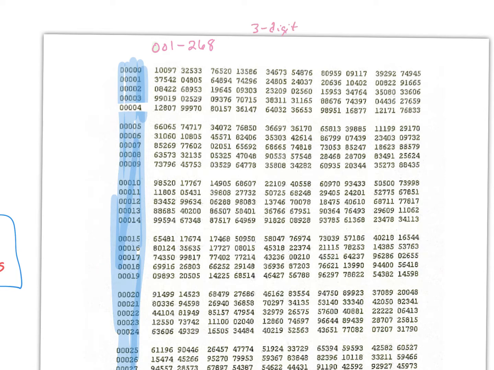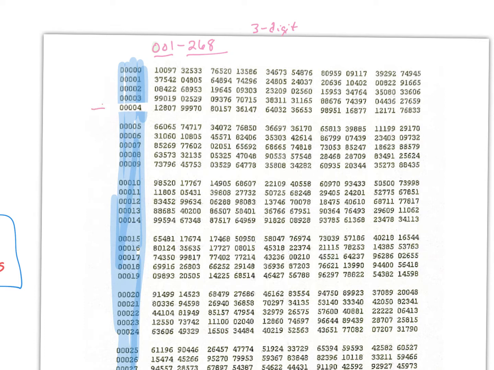It would mess things up or bias things if we only looked at single-digit numbers or two-digit numbers, because we have to consider this as a three-digit number. So to get the first word, we would have to find a 001 in our table. And it happens, okay? We can only go up to 268 though, because that's all the numbers there are.